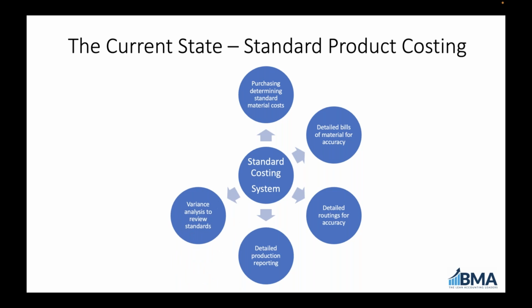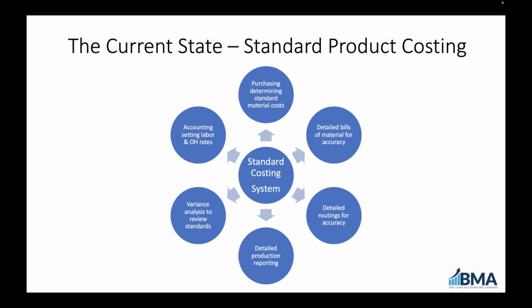Standard costing systems basically kick off variances, which is the difference between standard and actual. And there needs to be some level of variance analysis to really review how "accurate" your standards are. And then of course, accounting has to set the labor and overhead rates.